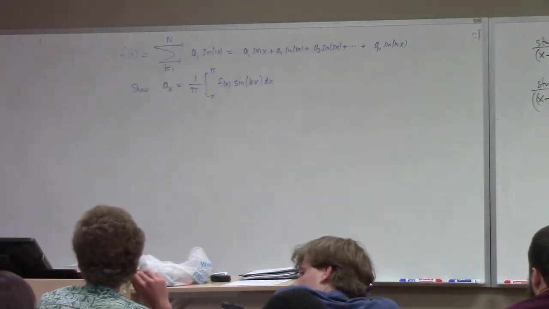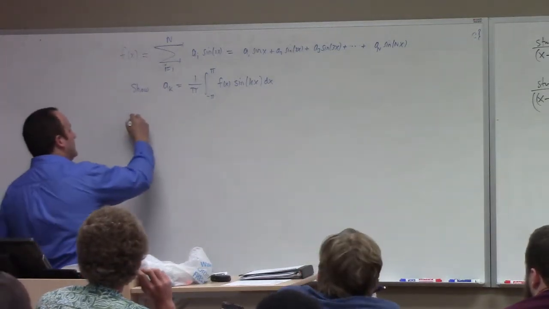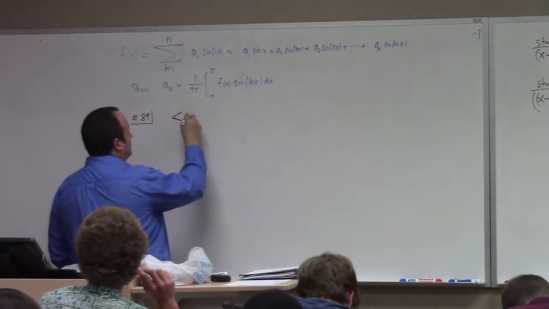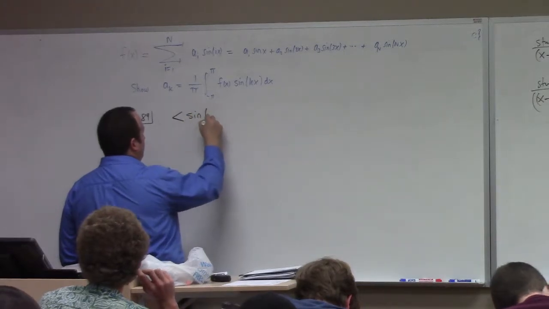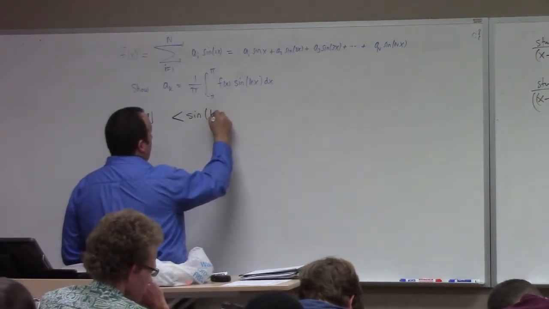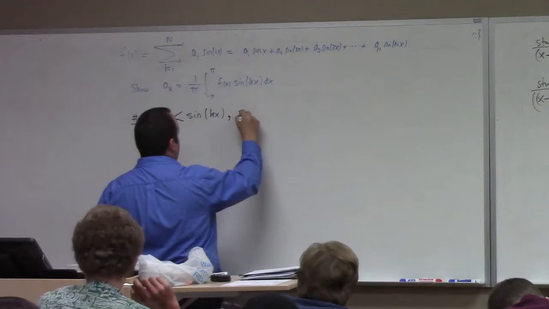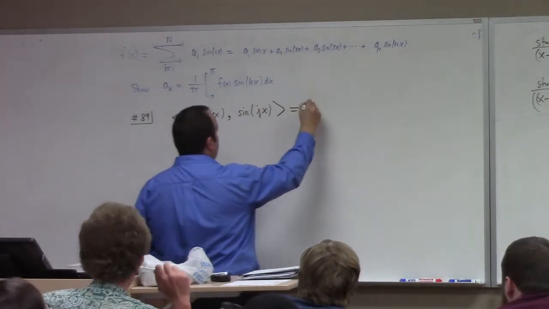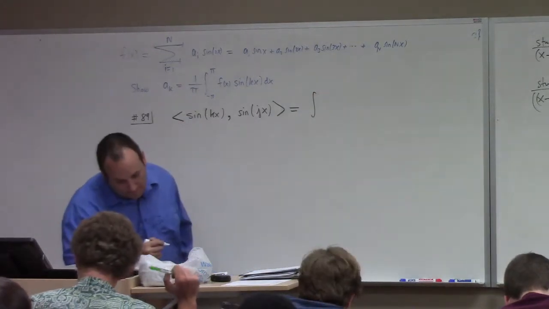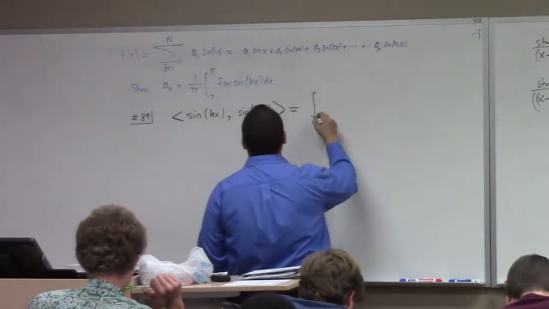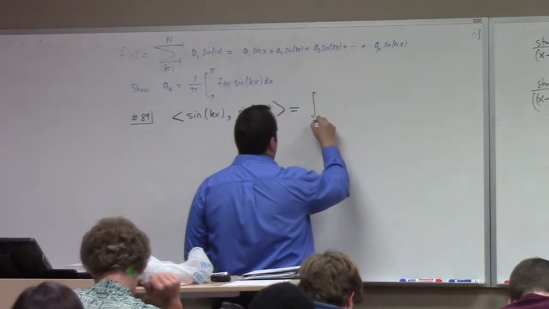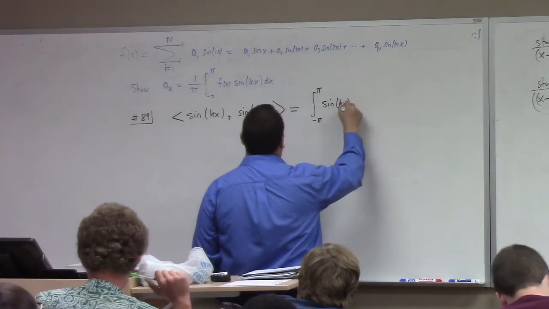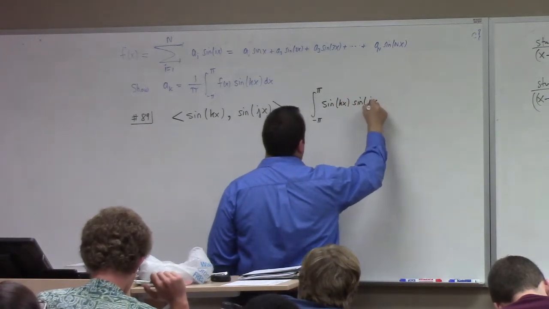So in number 89, you have shown that, for example, sine of kx with sine of jx, which is, by the way, defined to be the integral from a to b, and for our context it would be from minus pi to pi, of sine kx sine jx dx.